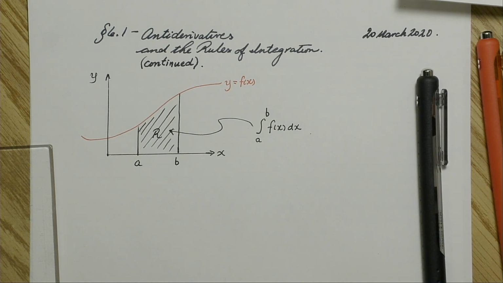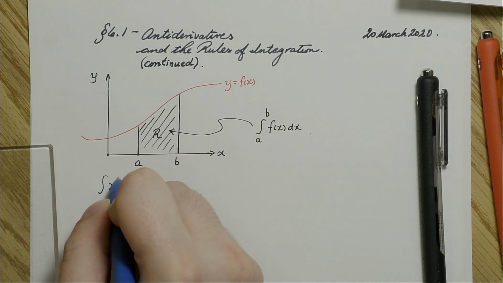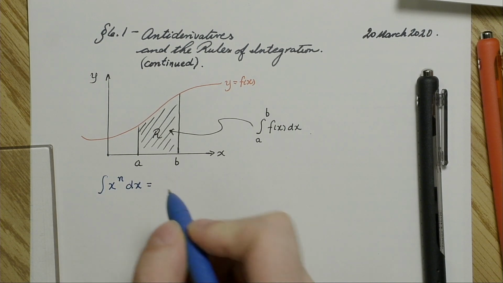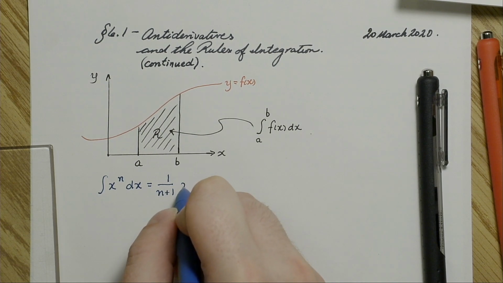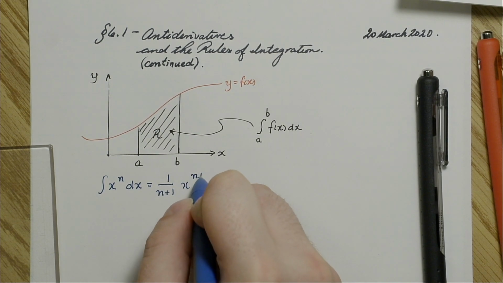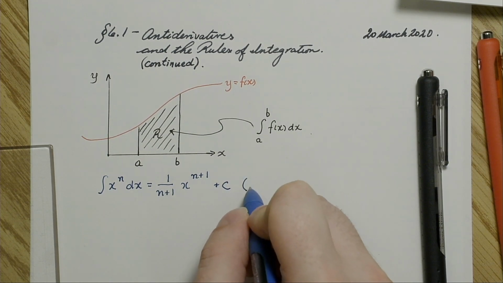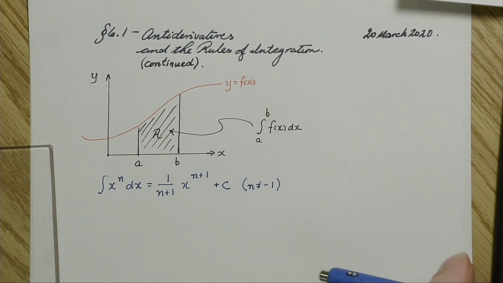If we wanted to integrate x to the n dx, that was equal to 1 over n plus 1, x to the n plus 1, plus c. This is only if n is not equal to minus 1, because then we have a special rule for that.